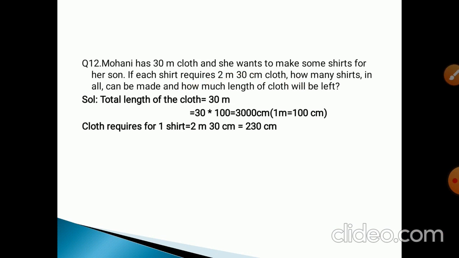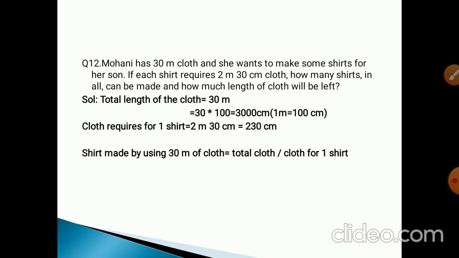So to find out how many shirts we can make using 30 meters of cloth, we will divide 3000 centimeters by 230 centimeters, that is total cloth upon cloth for one shirt. So it comes out to be 13.04. We cannot make a shirt using a decimal, so we will ignore the decimal part, or we can say here we can make 13 shirts.